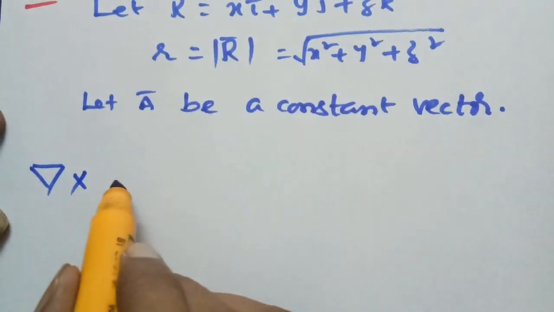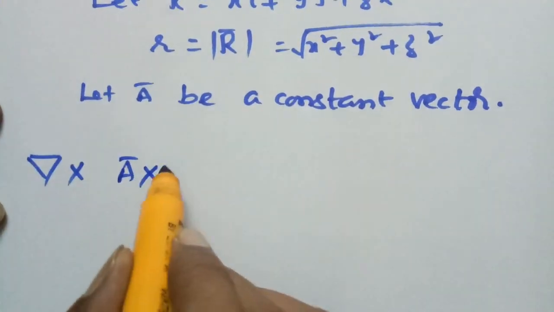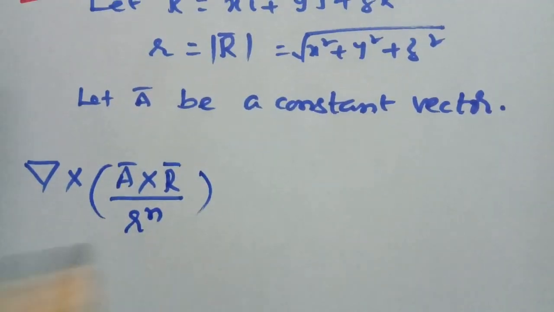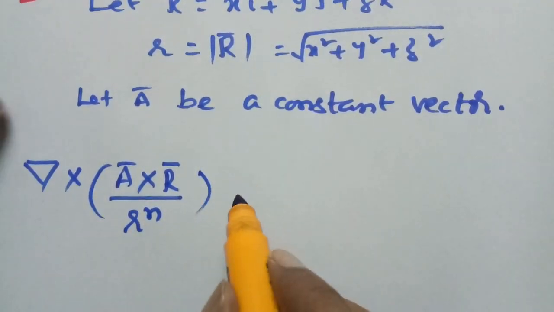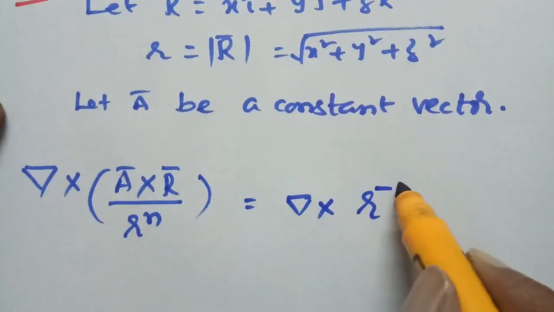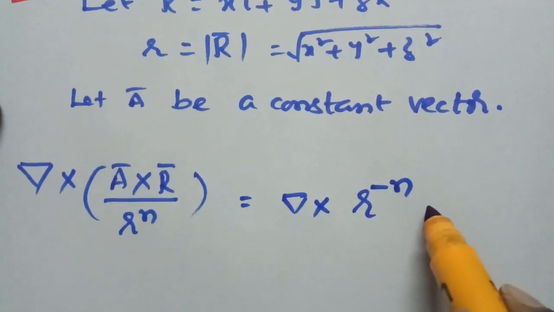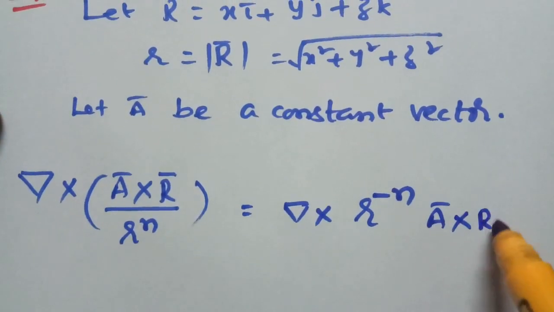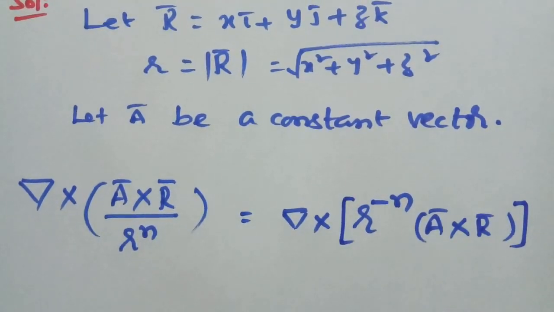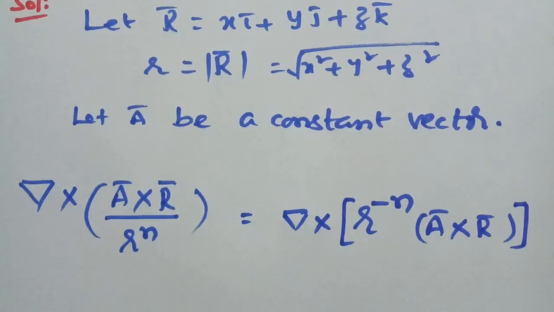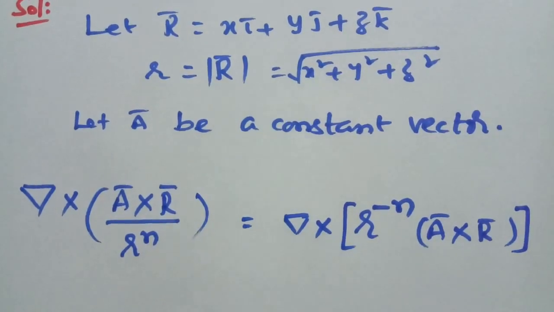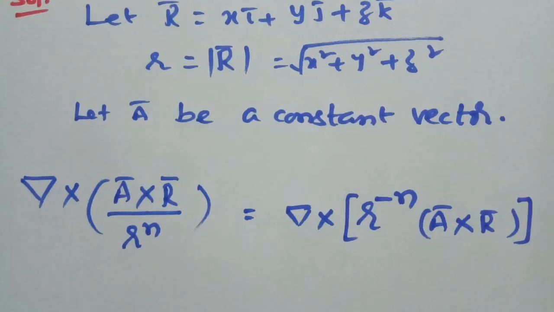Now del cross a bar cross r bar by r power n. Therefore, this can be written as del cross r to the power of minus n into a bar cross r bar. Therefore, this is of the form del of phi into f bar.